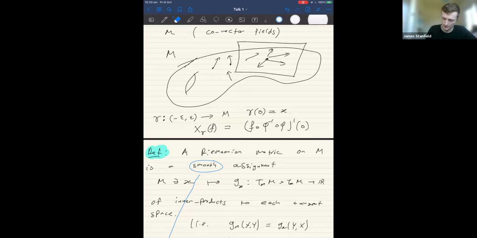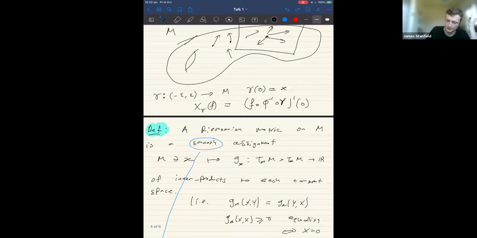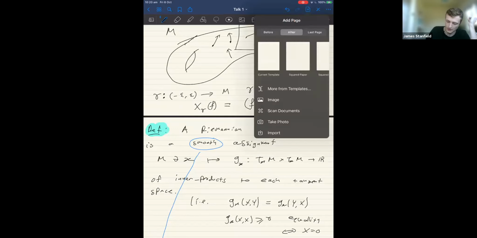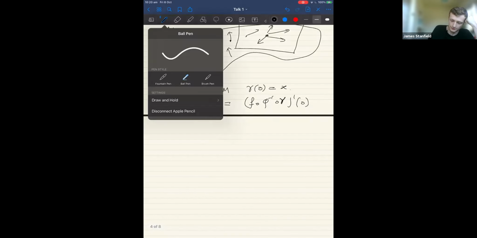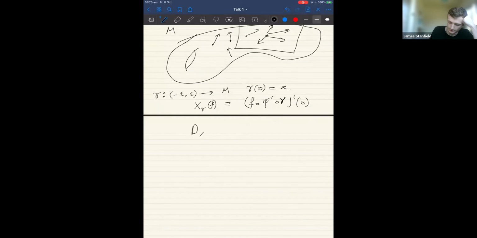Sorry, that's not phi, that's gamma. Okay, so this curve induces a vector or a differential operator which acts on functions just by taking the derivative of the composition with that curve. So the corresponding way to think about this is if we take the directional derivative.